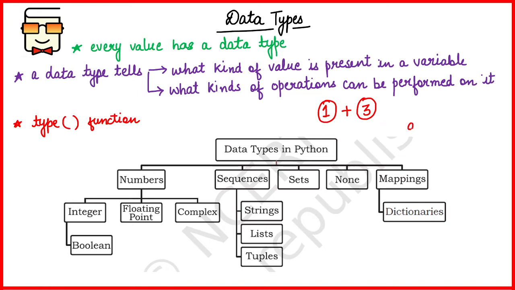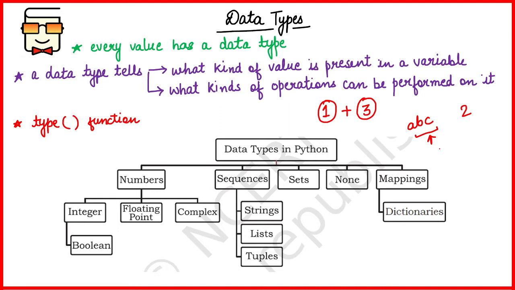But if I have a value ABC and another value, say 2, can I perform addition on these two values? No, because I know that the data type of this particular object is not an integer or any numeric type. This is the use of knowing the data types.